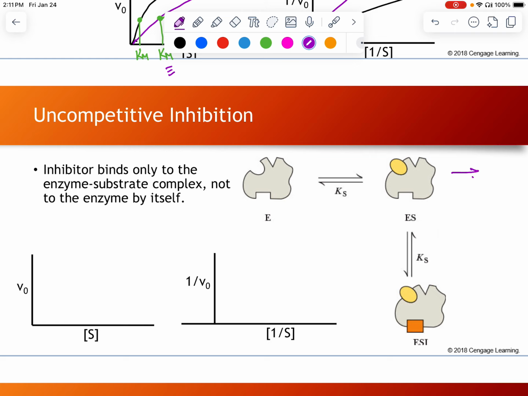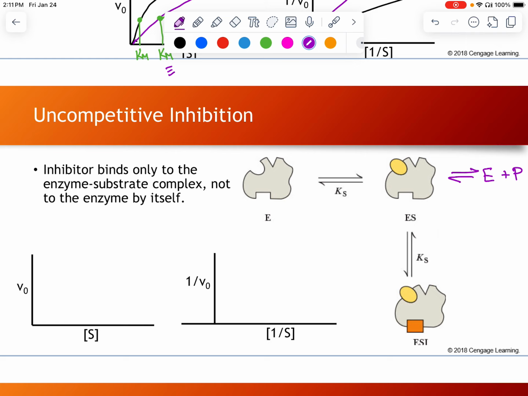Up here, this could go to enzyme plus product. But this down here cannot go to enzyme plus product. That inhibitor is keeping that from happening. So by the time we get to this point, we've got two options: enzyme plus product or enzyme substrate inhibitor down here. All right, so let's think about how that will affect the Vmax and the Km.